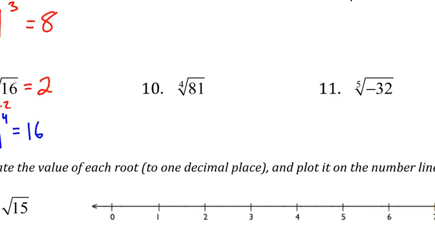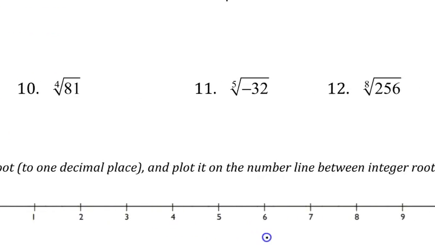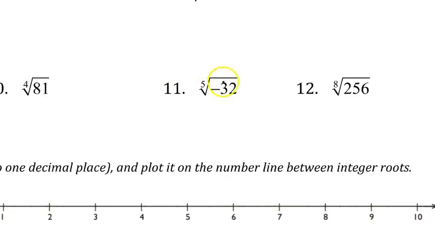And even 5 times. What times itself 5 times is negative 32? Now you already know based upon that the answer has to be negative, right? And then after a little trial and error, you find out, yeah, negative 2 would be the answer. Negative 2 5 times.